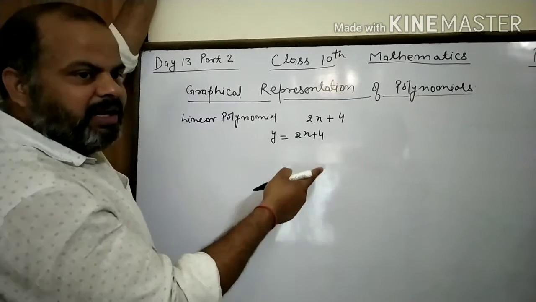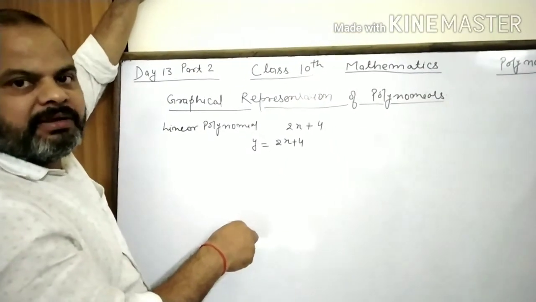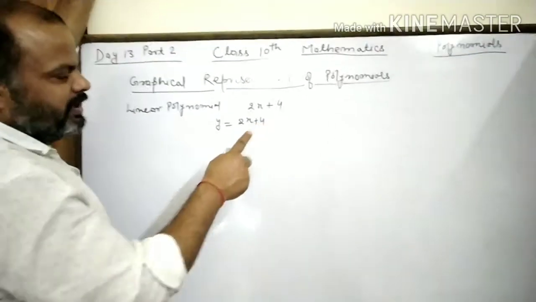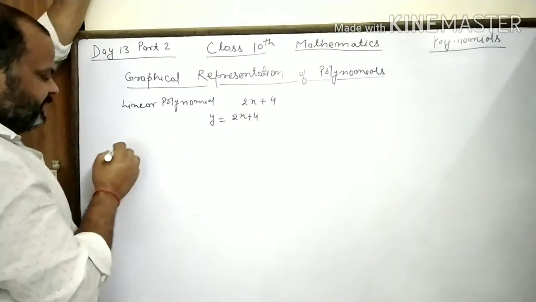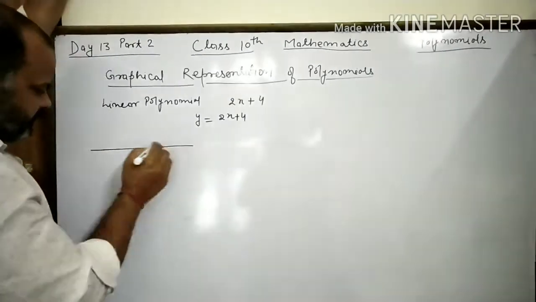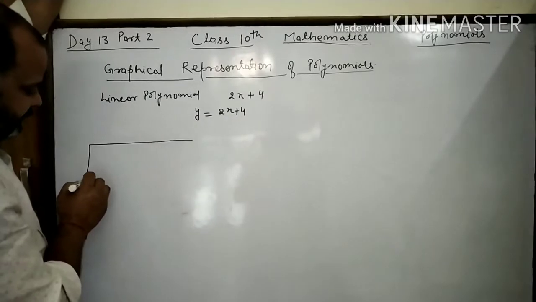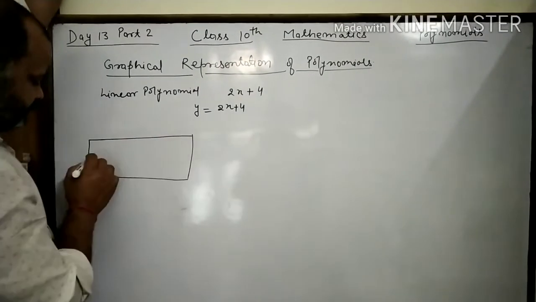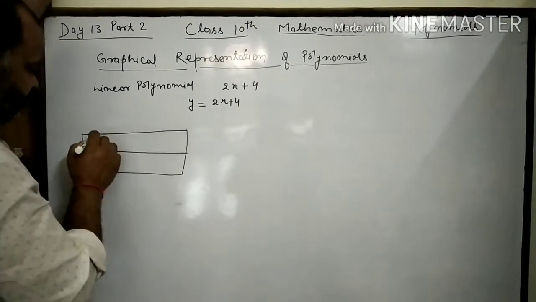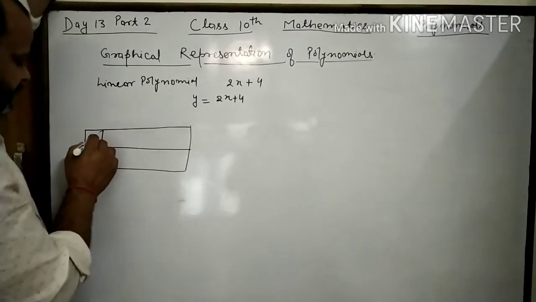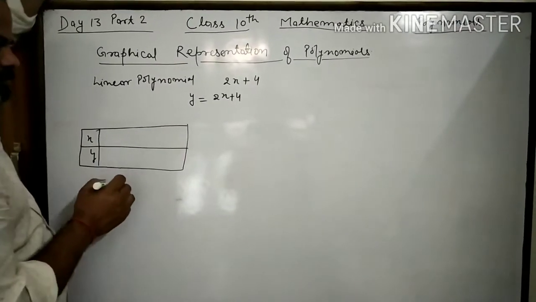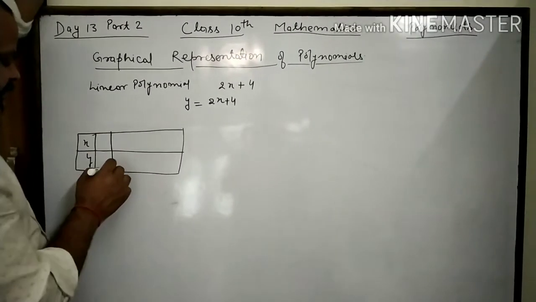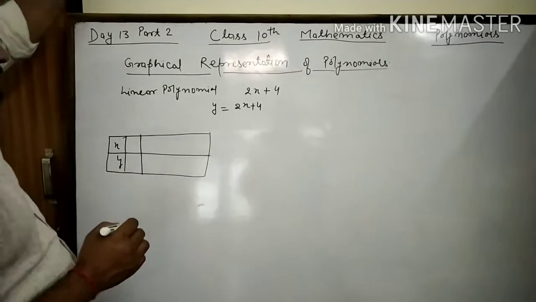You put any value of x. Clear? Then you get the corresponding value of y. See here, we make a table like this, with columns x and y. We are free to put any value of x.